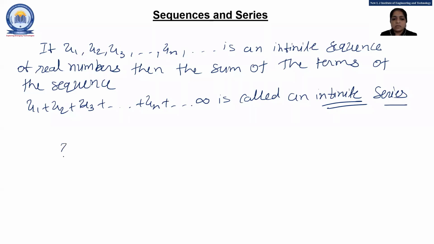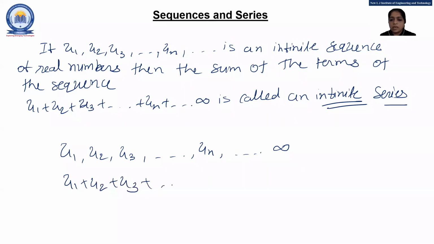So what is the difference between sequence and series? Students, a sequence is the set of terms, that is u1, u2, u3 up to un, and it may be infinite. If we take the summation of all these terms, then that sequence converts into the form of a series.